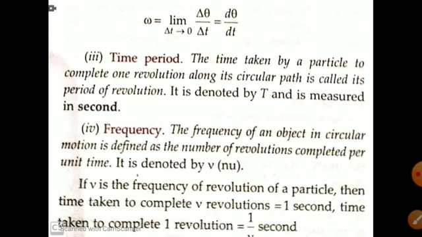Next is frequency. The frequency of a particle is defined as the number of revolutions completed by a particle in 1 second, that is, how many revolutions that particle is taking along a circle, and the standard value is one complete round in a given time period, capital T.